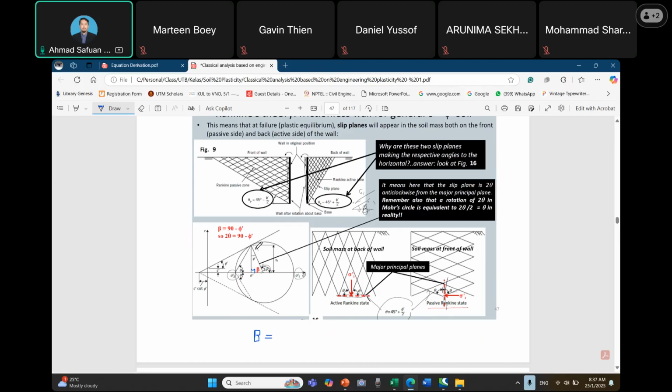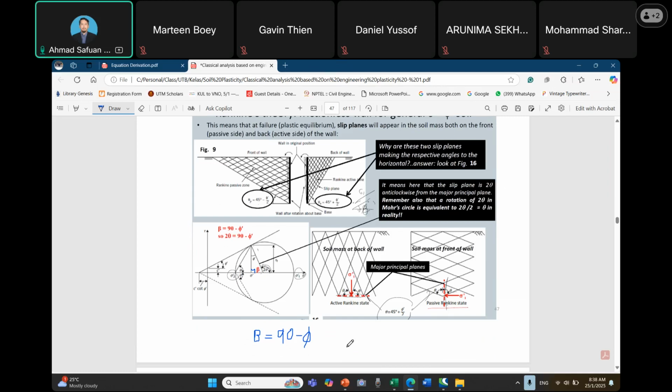Because the combination of the angles in this triangle is 180, it means that if this is 90, and then minus the E, it is equal to beta.